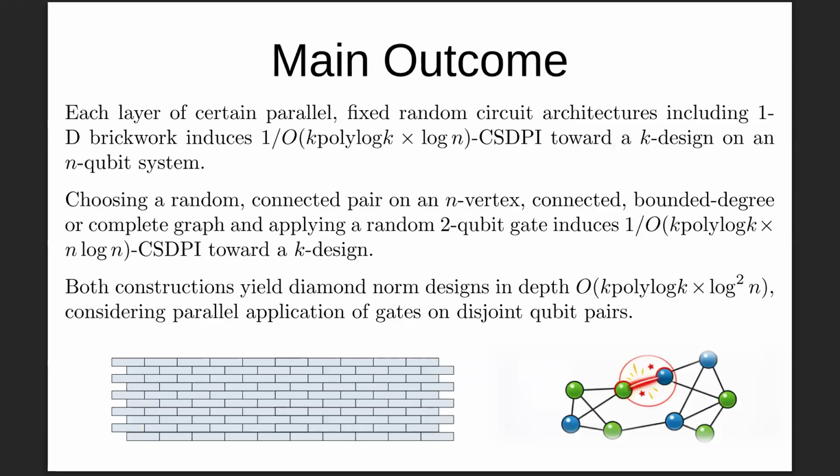And so this is the main outcome: if we take something like 1D brickwork, and there's a bit of a generalization to higher dimensional lattice brickworks, or if we take this random gate model, they have 1 over k polylog k log n CSDPI towards k designs. And so this is a destructuring theorem.